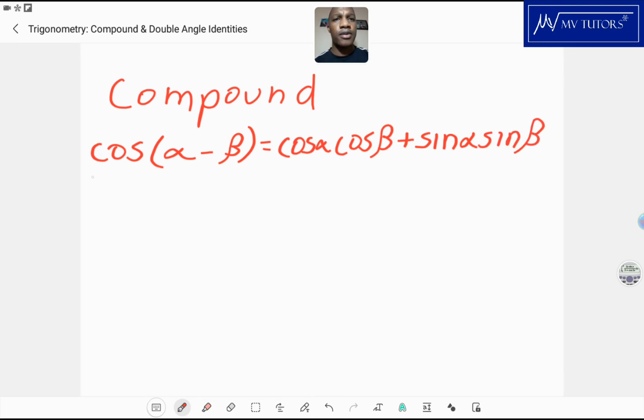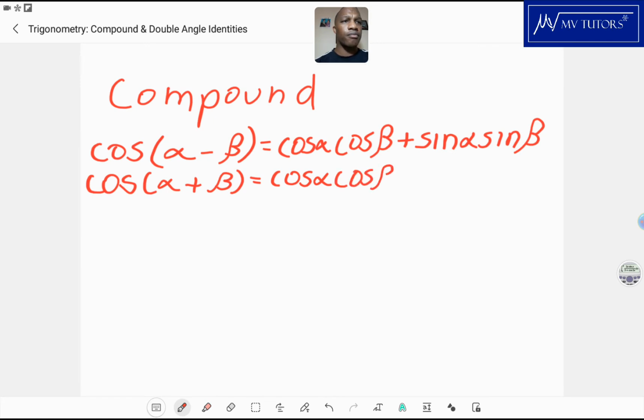Now cos alpha plus beta is equal to the same cos alpha cos beta. Now check the sign, it changes from a positive to a negative: sine alpha sine beta. Okay, so that's for cos.